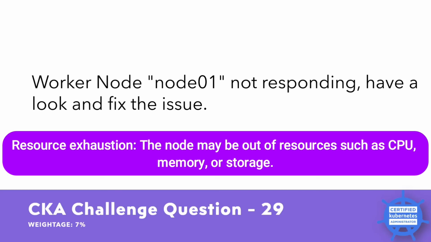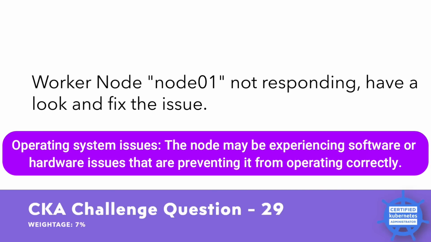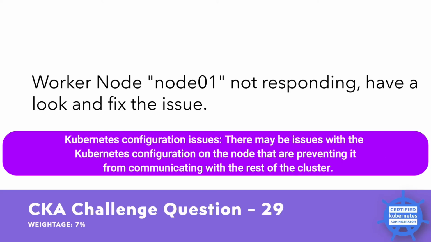The node may be out of resources such as CPU, memory or storage. Operating system issues. The node may be experiencing software or hardware issues that are preventing it from operating correctly. Kubernetes configuration issues. Maybe there is an issue with the Kubernetes configurations on the node that is preventing it from communicating with the rest of the cluster.